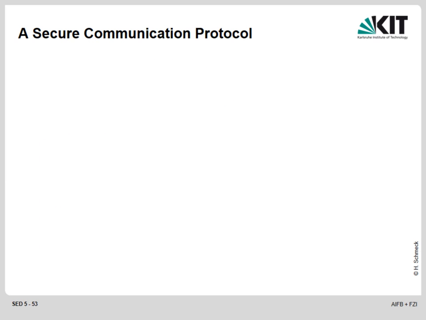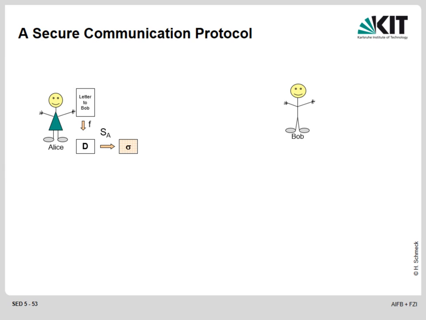Now, I said we can actually build up a secure communication protocol built on those ingredients. So we have Alice and Bob as our communication partners who want to exchange information. Alice wants to send a letter to Bob. So what she will do is generate a digest from that using the hash function. She will use her secret key, SA, to generate the digital signature. She will generate a random session key to use some symmetric encryption method, which she agreed to use with Bob.